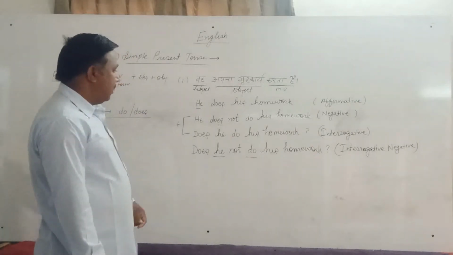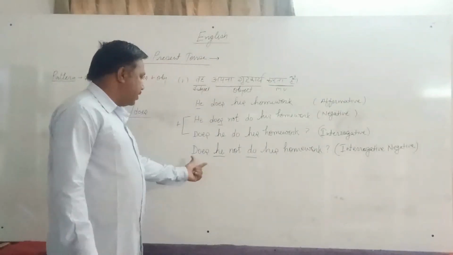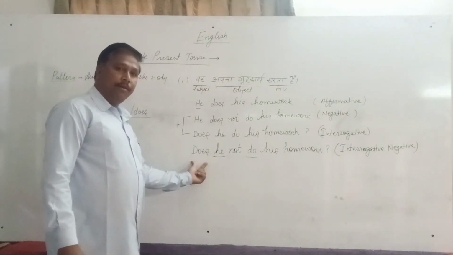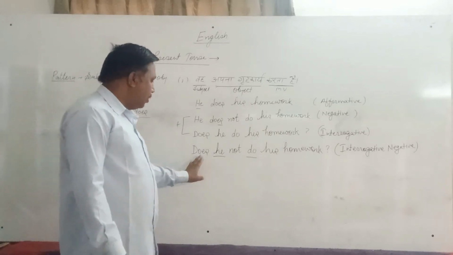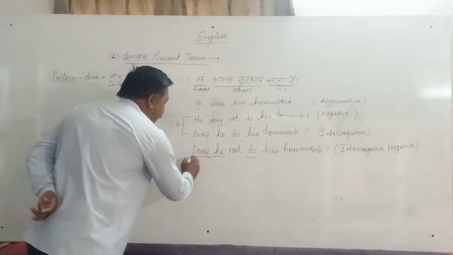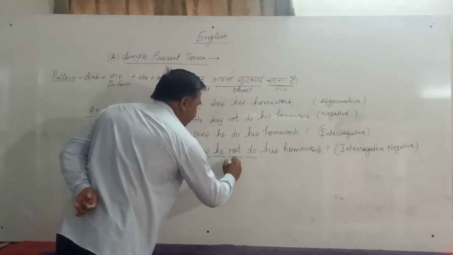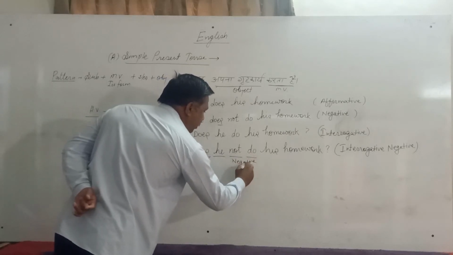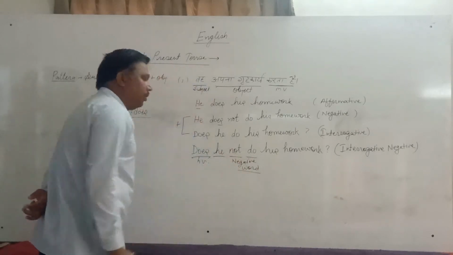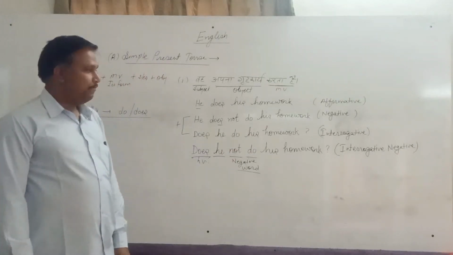And according to the interrogative sentence, we always use a helping verb before the subject to create an interrogative sentence. So does is the helping verb here, and not is the negative word. So it is an interrogative negative sentence.